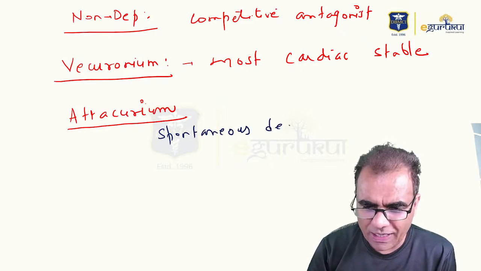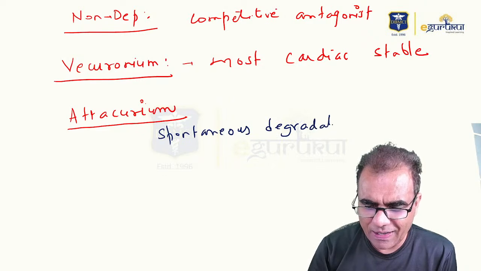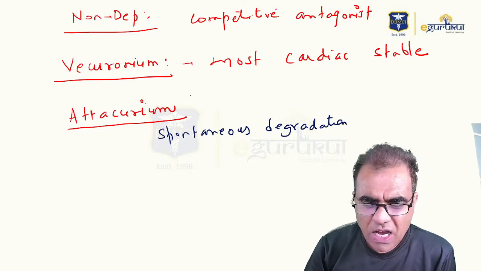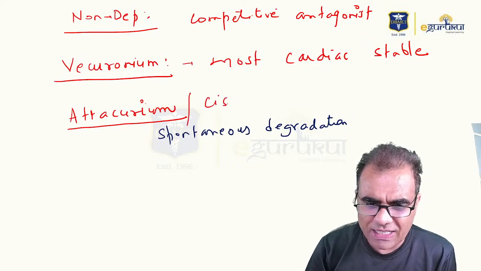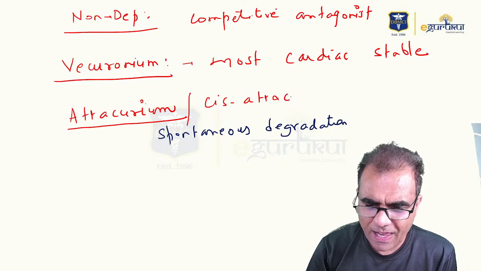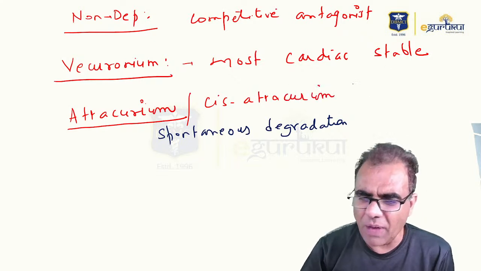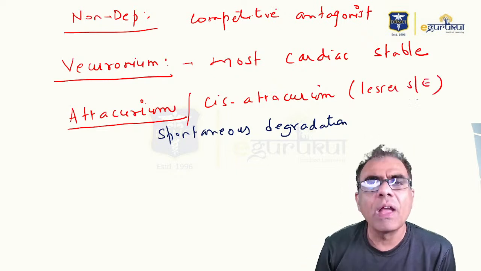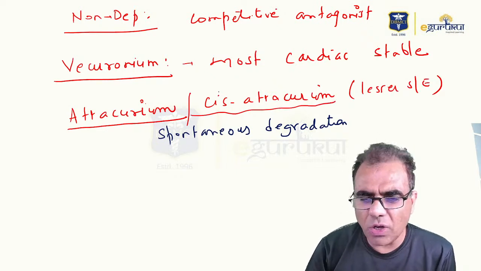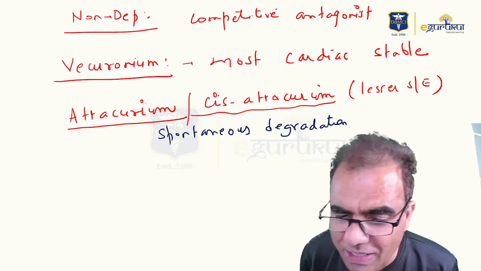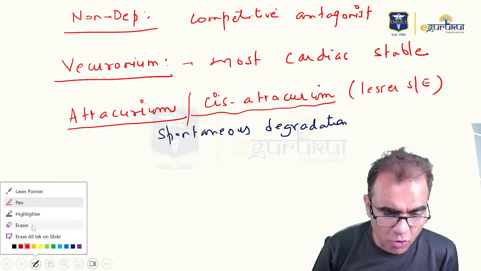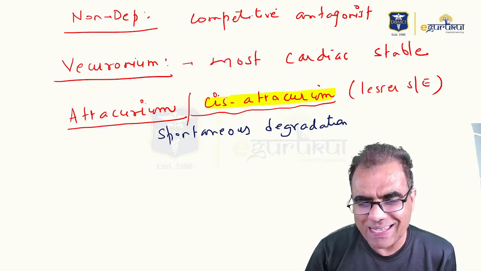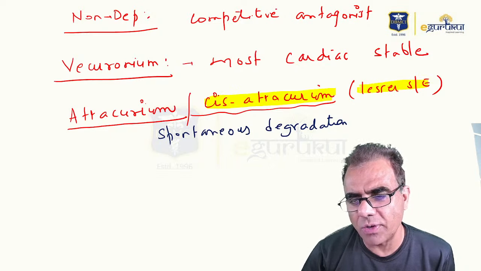Atracurium has a derivative, cis-atracurium, which has lesser side effects compared to atracurium. If you have to choose between atracurium and cis-atracurium, always choose cis-atracurium, because it is a newer drug and definitely has lesser side effects.